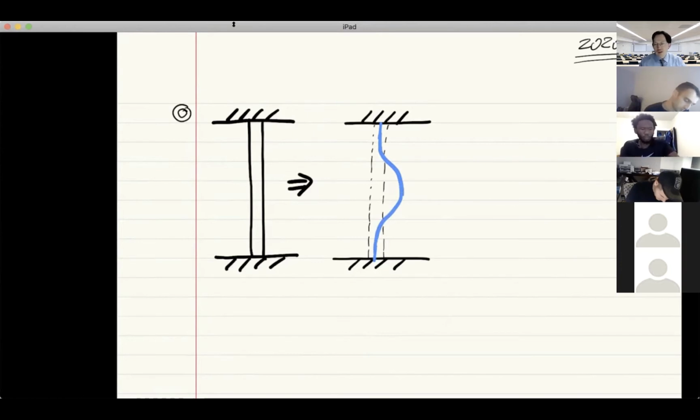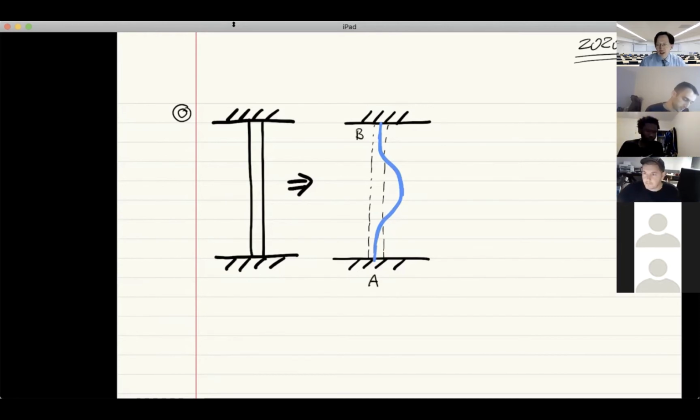Now you have to recognize that there's a change of curvature twice in the deformation profile of this both fixed-ended column. One curvature change is from this end. Suppose we call one of them A, and the other is called B, like this.